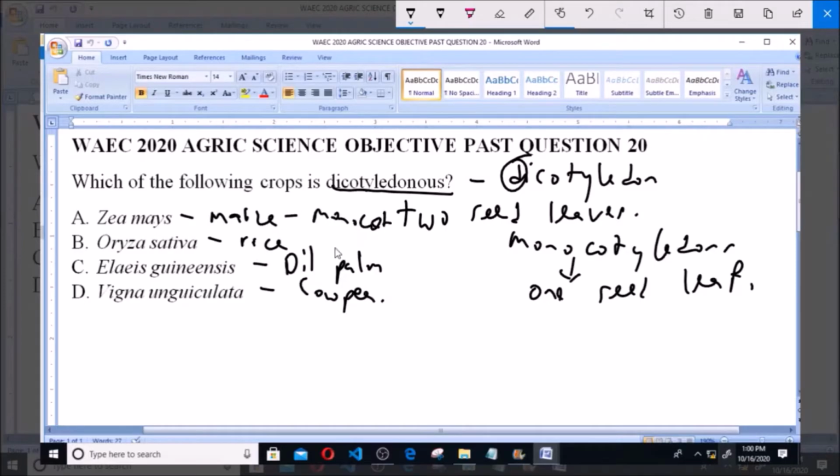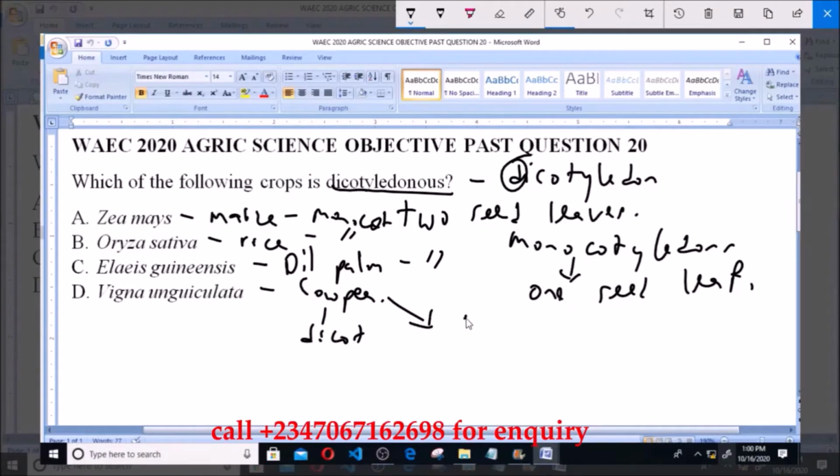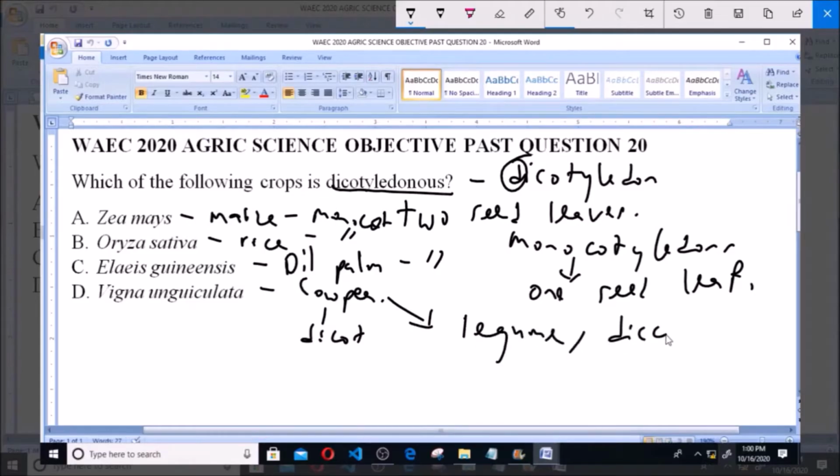That means it has 1 seed leaf. Rice as well. Oil palm is also a monocot, but cowpea is a dicot. Now, cowpea is a legume, and almost all legumes are dicotyledons. So option D, Vigna unguiculata, or cowpea, is the correct answer to this question.